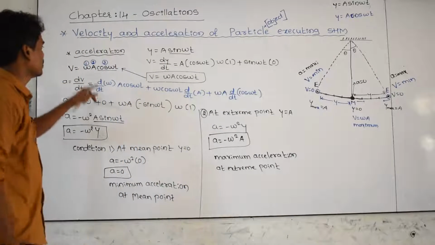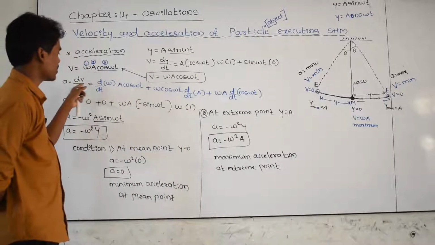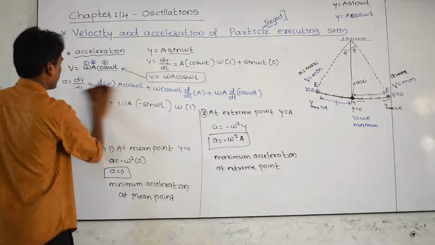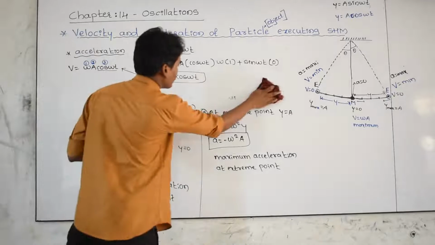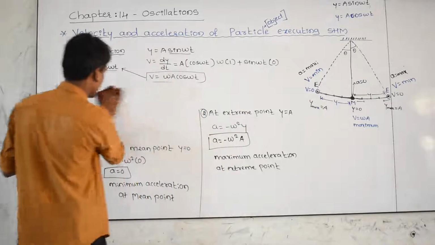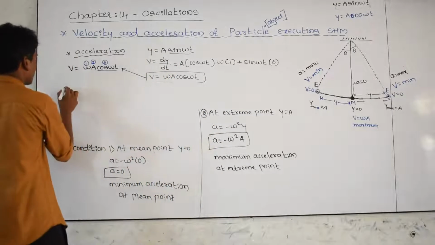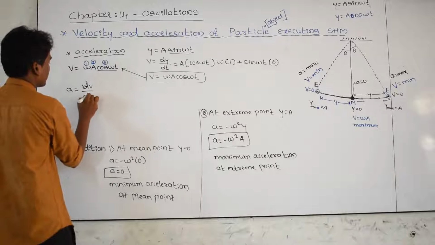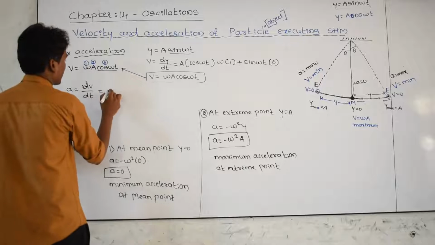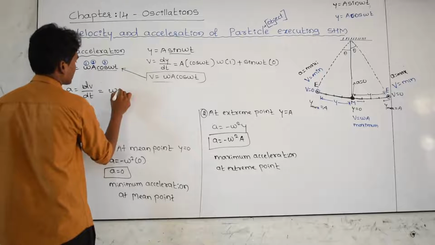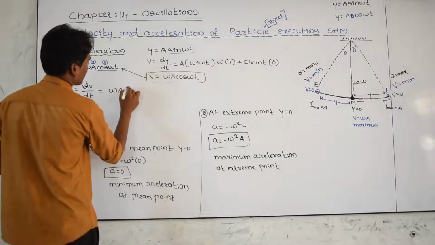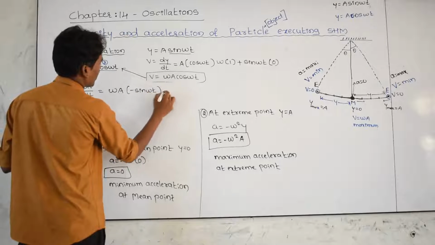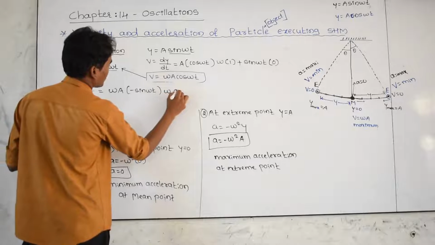Again take this formula and differentiate, using the product rule. After differentiating, this becomes A is equal to dV by dt. Then omega as it is, A as it is, the derivative of cos omega t is minus sin omega t, and omega as it is, differentiation of t is 1.